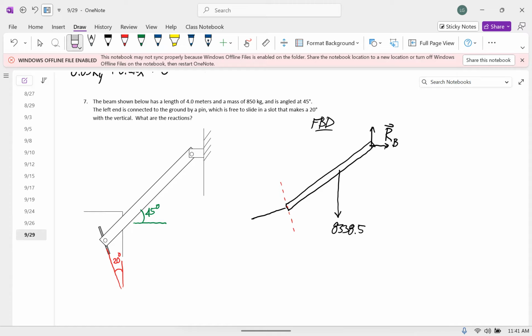And it can rotate because that's a pin. And so what we get is just a single force vector with a known direction. It could go in that way or out that way, whichever direction we pick. And that'll come out in your answer, just whether the answer comes out positive or negative.